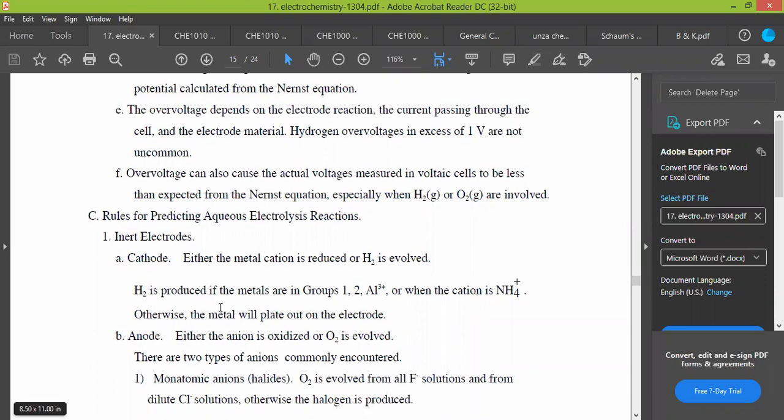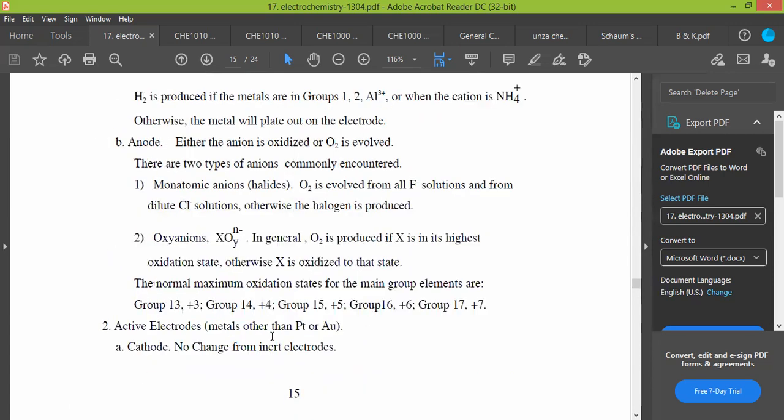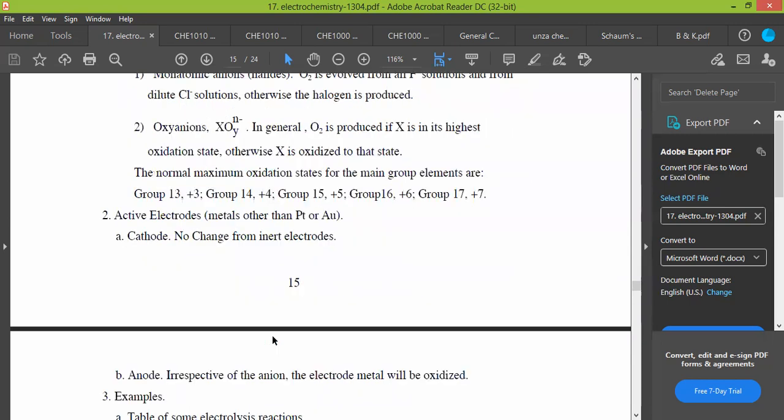When you are looking at an electrolysis cell, cathode is reduction, anode is oxidation. Irrespective of what they give you, just get the equations and write them as they should be. Cathode reduction, anode oxidation, and everything else follows through.